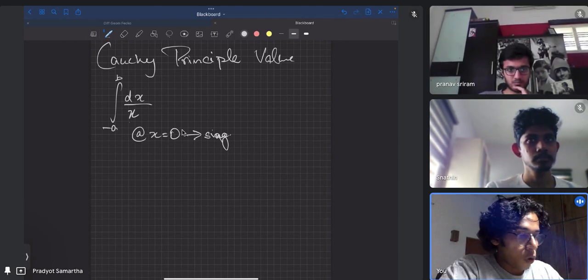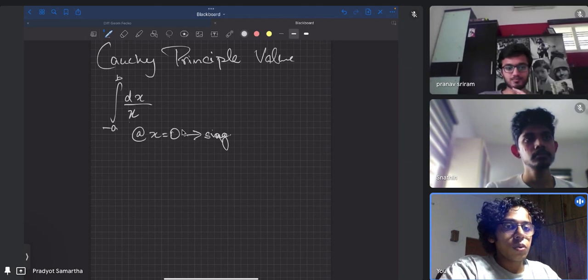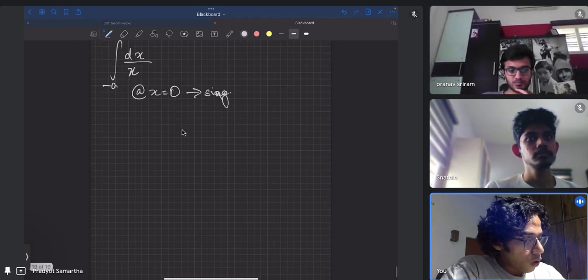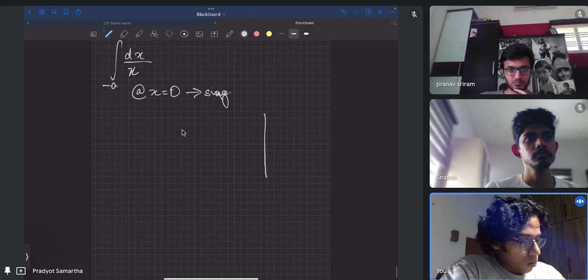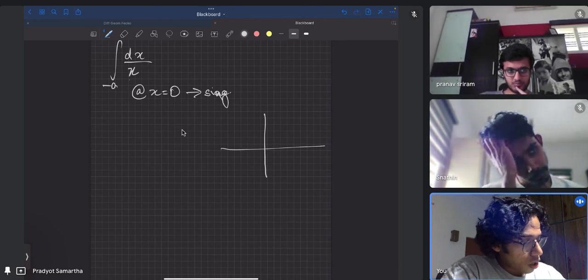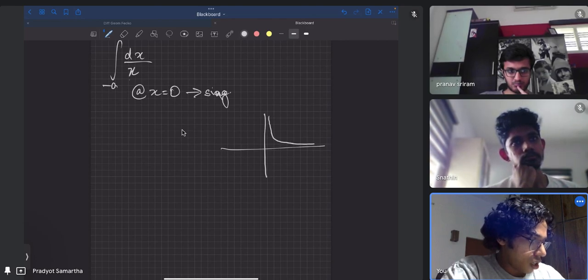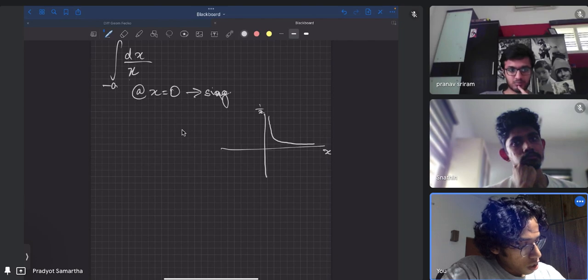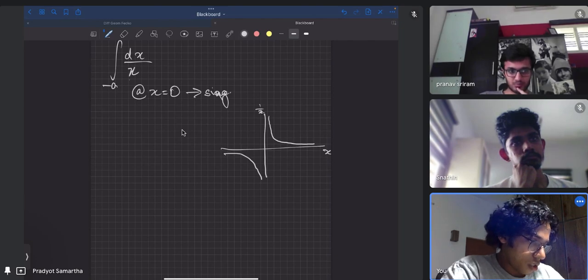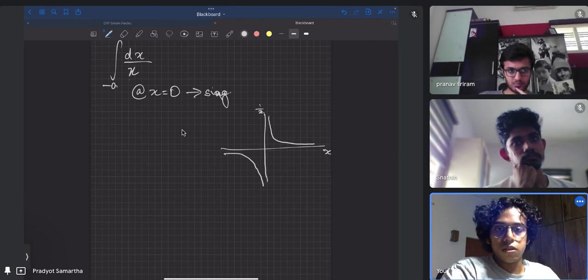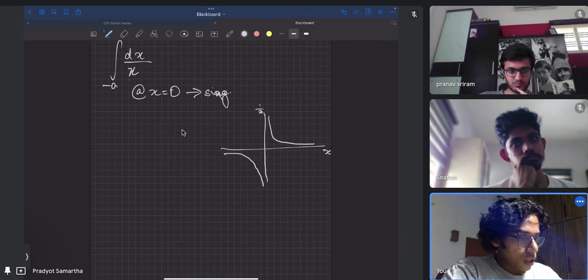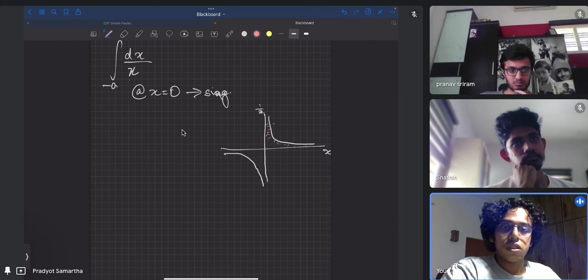So how does the graph look? 1 by x is something like this. This is x, this is 1 by x. So this is how your graph essentially looks, and when you integrate it, you want to integrate within this region.